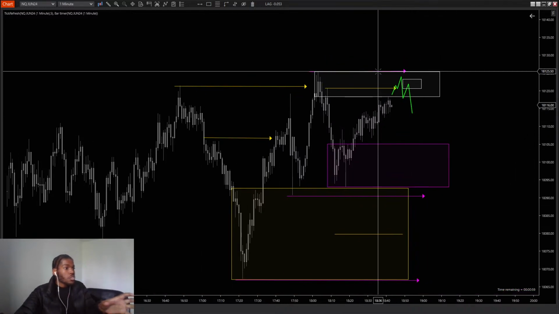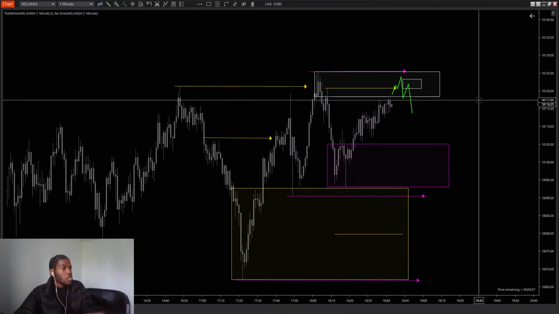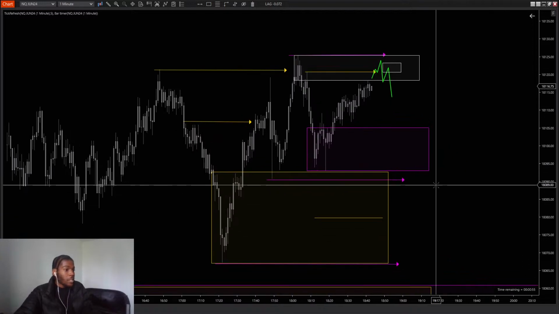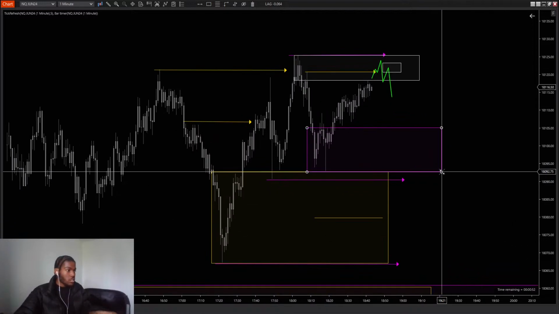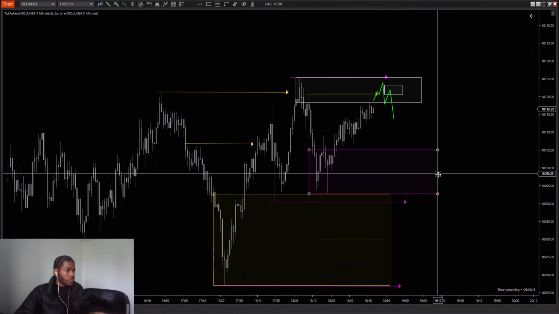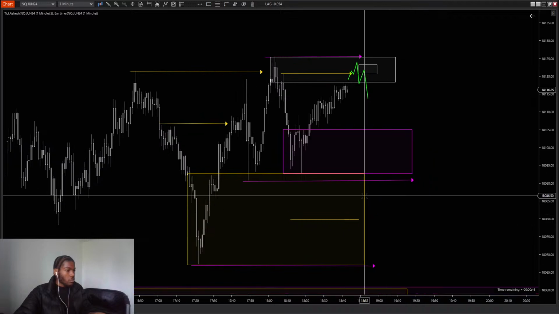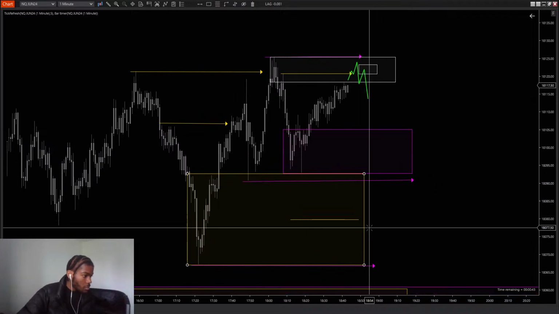But I still focus on shorts at the top of the range and longs at the bottom. But I know that if I'm gonna long, I'm still not using this. I'm waiting for them to be liquidated.